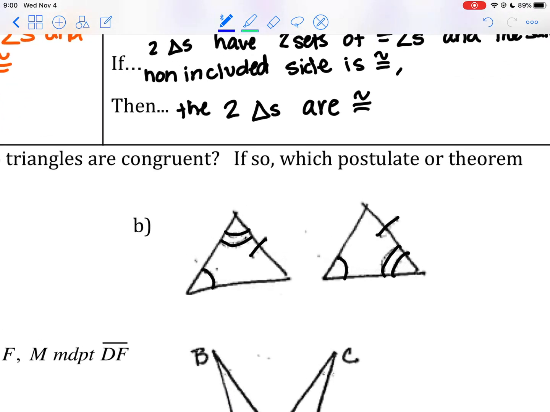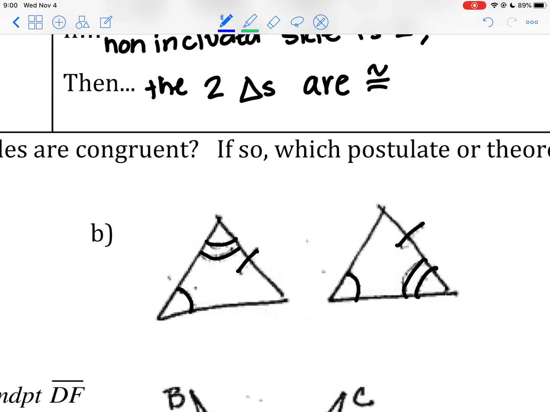All right, in our second one, here I have two angles and a non-included side. So this one is going angle, angle, side from 1. So angle 1 to angle 2 to side 1. So in this other one, we still have two angles and a non-included side, but let's make sure that the non-included side is attached to that same angle.